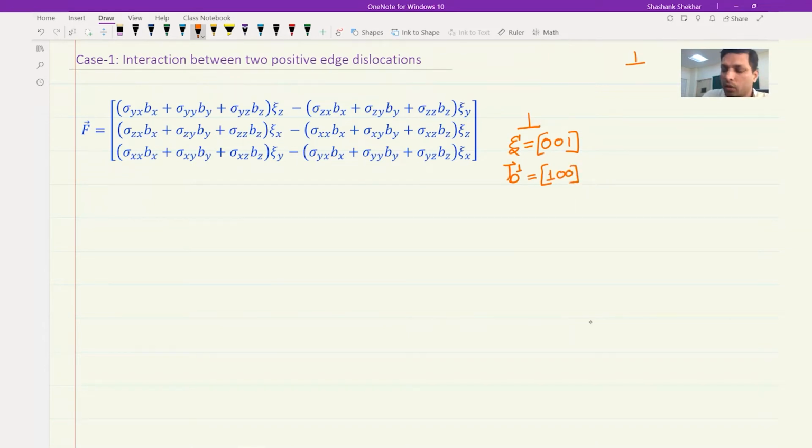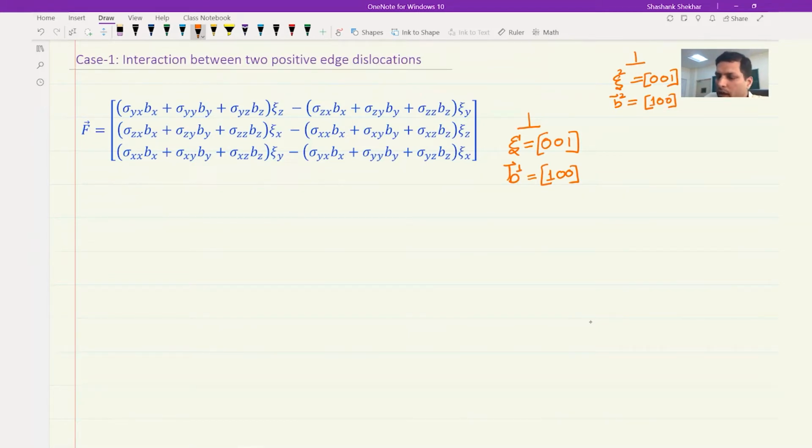And this is dislocation 2, which is also parallel, so epsilon 2 is equal to 0, 0, 1, and again to keep things simple, we will keep the Burgers vector 1, 0, 0.